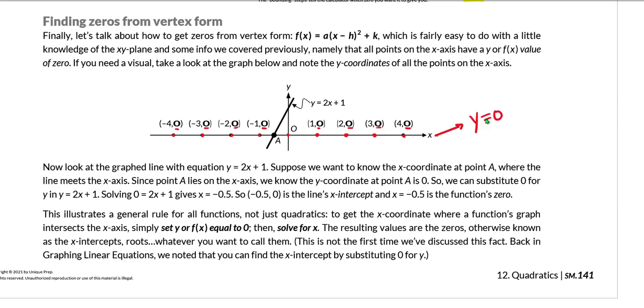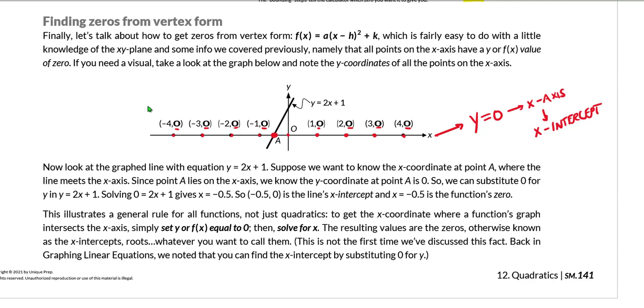Now again, why is that significant? Well, remember that if y equals 0, it means you are on the x-axis. When you are on the x-axis, if you're talking about where a graph hits the x-axis, for instance, this line right here hits the axis at point A, then you are talking about the x-intercept of a graph.